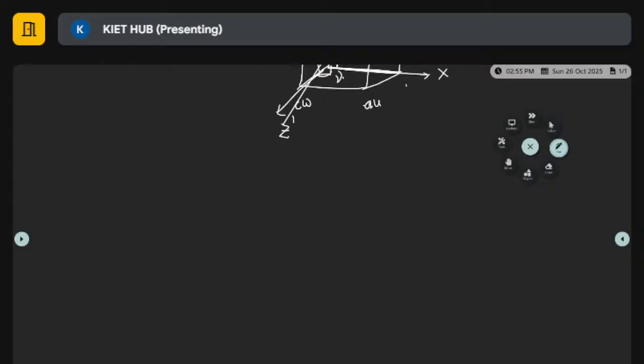Crystal structure, lattice point, lattice parameters, Bravais lattice, unit cell. Good.